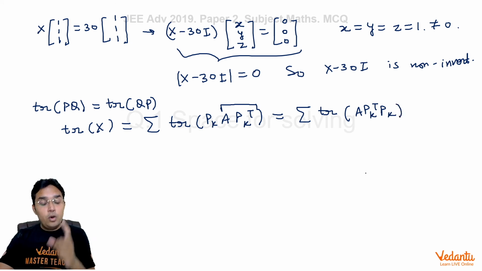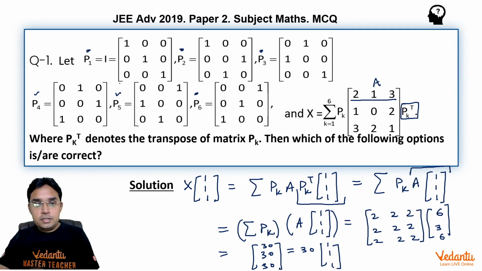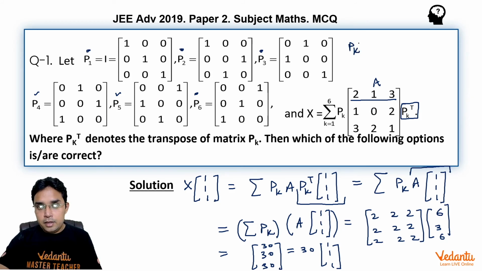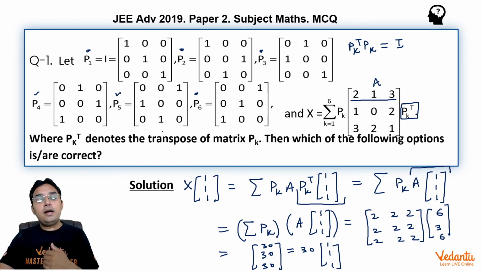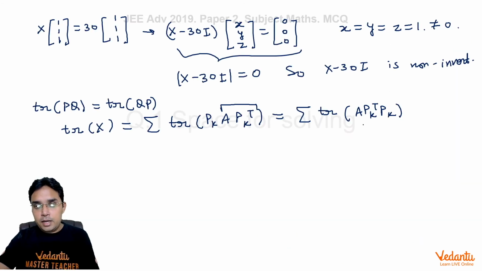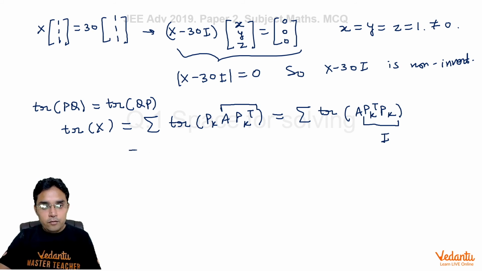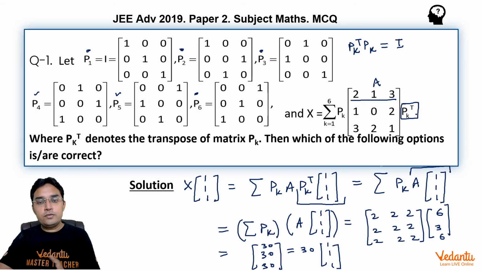Now there is one more important thing about this question. P_k transpose multiplied with P_k will always give us I. All the matrices are such that if you multiply them with their transpose, you get I. So here P_k transpose P_k becomes I, and A into I equals A. So this becomes trace of A, where k varies from 1 to 6, and trace of A is 2 plus 1, that is 3.